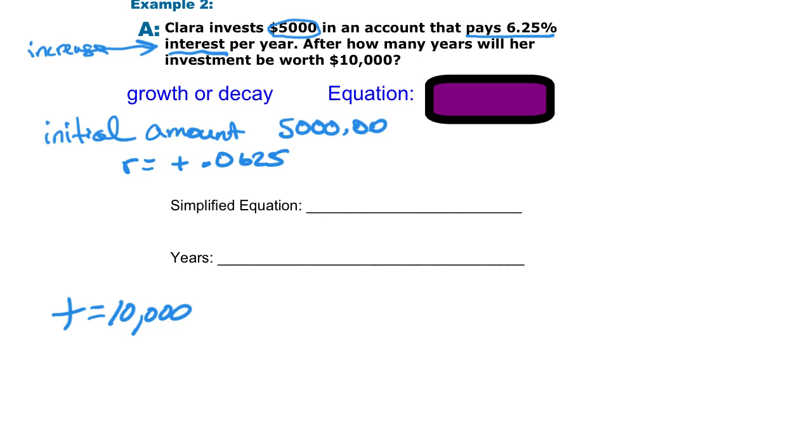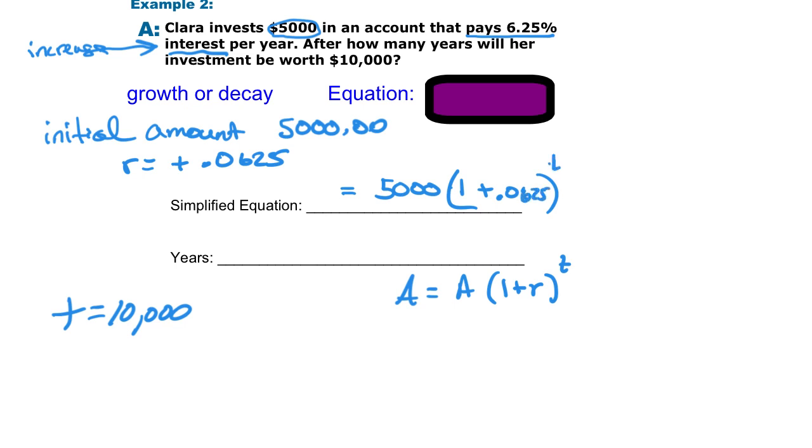Okay. My equation, remember, is the amount equals A times 1 plus r, because this is increasing, to the t. So our equation here will be 5,000, which is A, times 1 plus 0.0625 to the t.